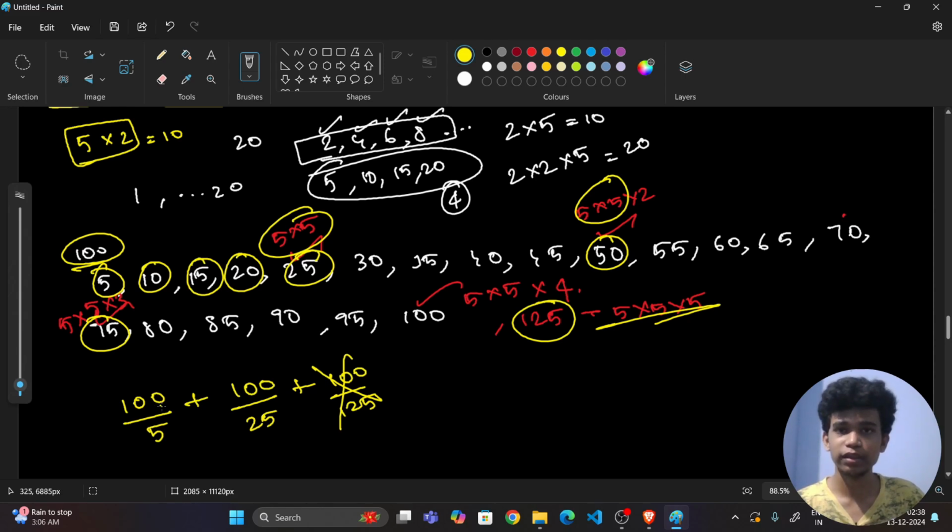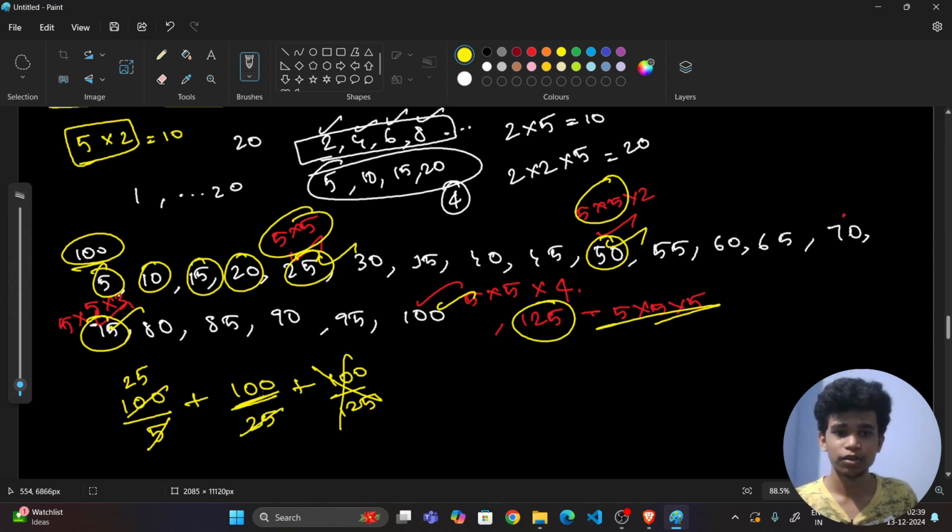So how many 5's are there inside 100 factorial? Cancel it out, here comes 25. Totally 25 5's are there, and some also contain an extra 5, right? Like this 25, this 50, this 75, and this 100 are containing an extra 5. Those are the multiples of 25.